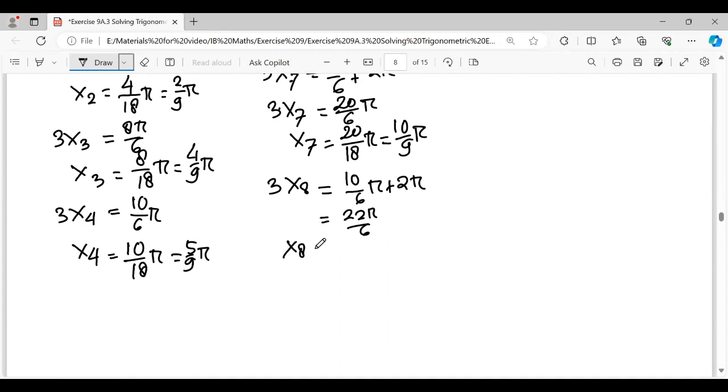Then x8 equals 22 over 18 pi, simplified 11 over 9 pi.